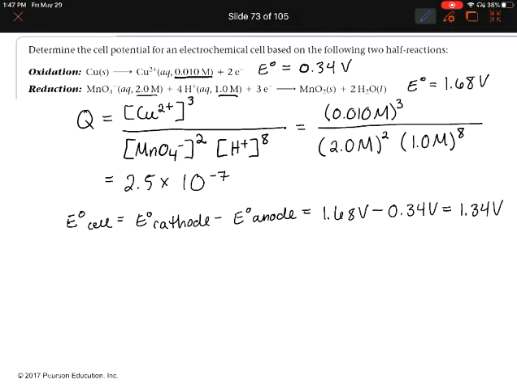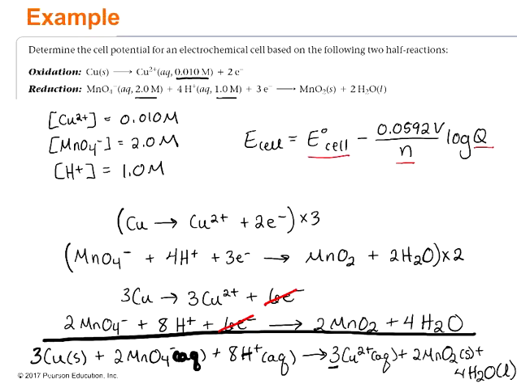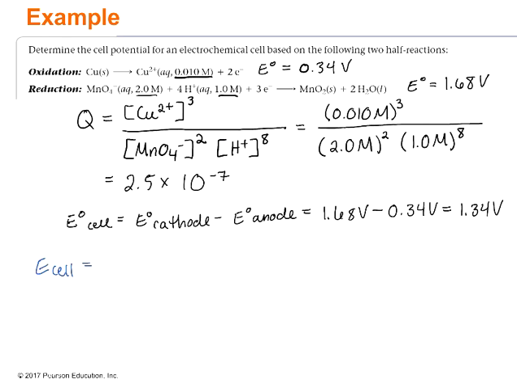So finally, we can calculate E cell under non-standard conditions. All right, so let's remind ourselves what that equation looks like. Up above here we said that E cell under non-standard conditions is equal to E cell under standard conditions minus 0.0592 volts over N times the log of Q. All right, so let's plug in all those values.